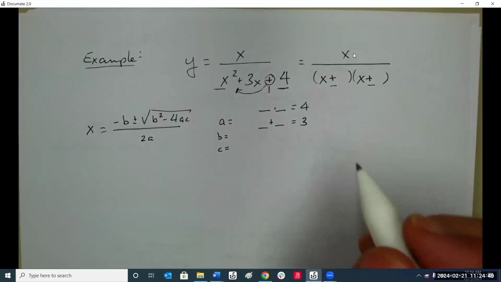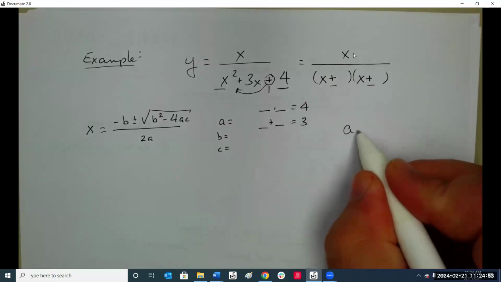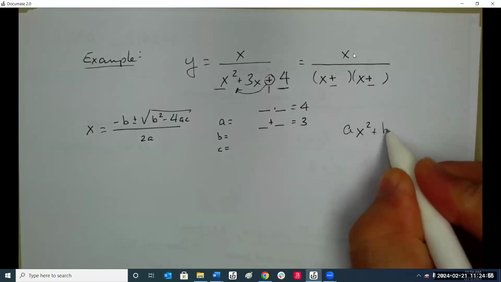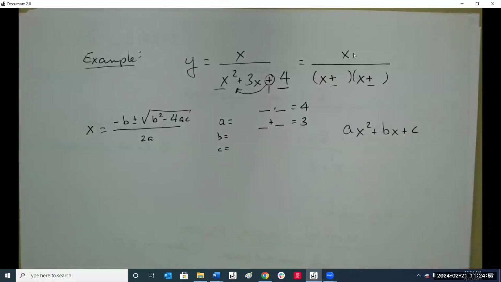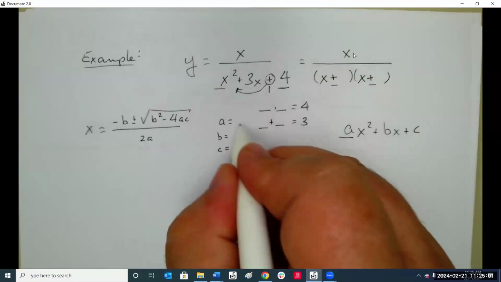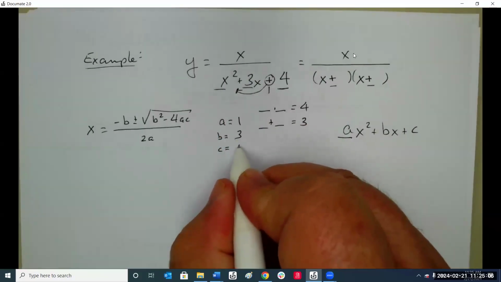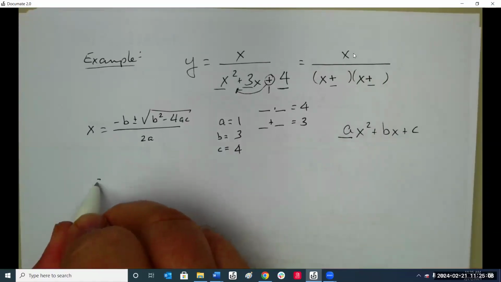What is A? Remember, a quadratic equation looks like this. A is whatever is in front of x squared, which is 1. B is, and C is, so just plug those in there.